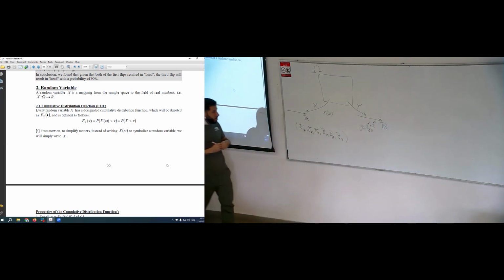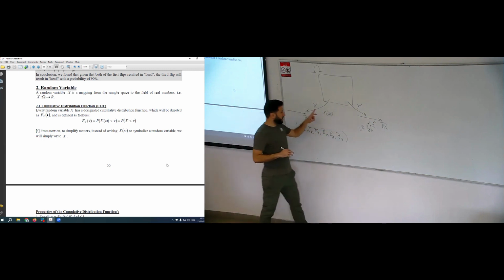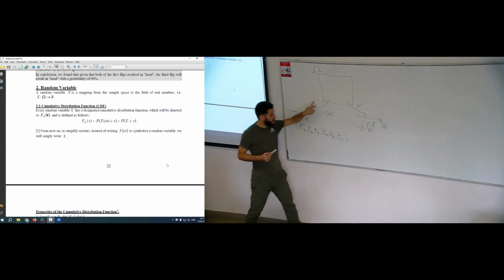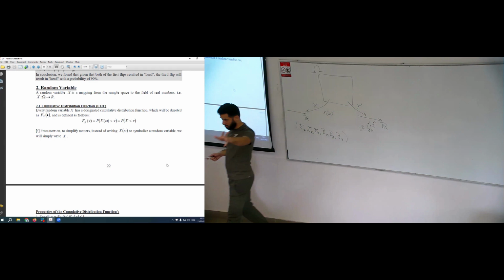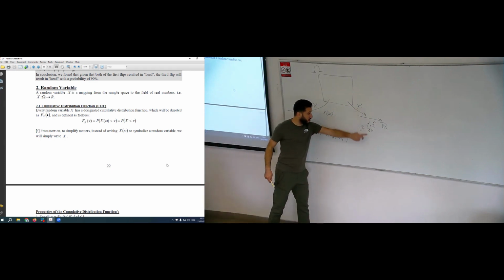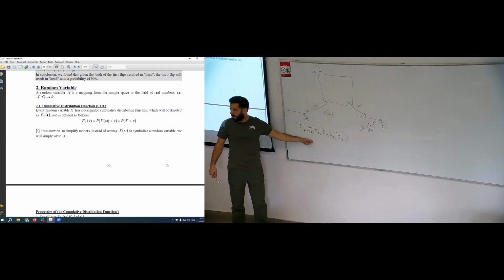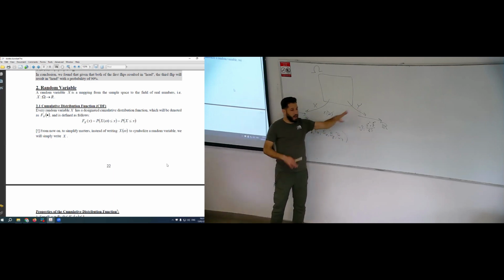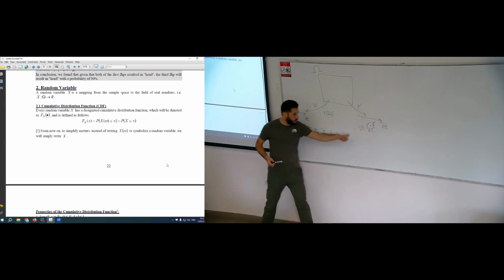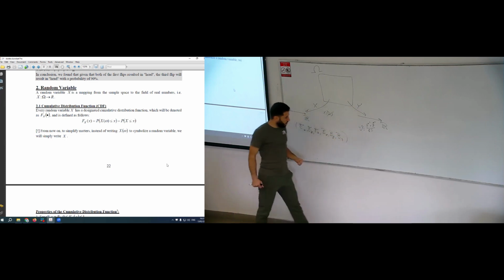And maybe there is a closed form or a known function that can connect between x and y, and maybe there is not. For example, here we have a connection between this variable and this random vector. Again, I'm talking about some random experiments. So these are random and this is random also.